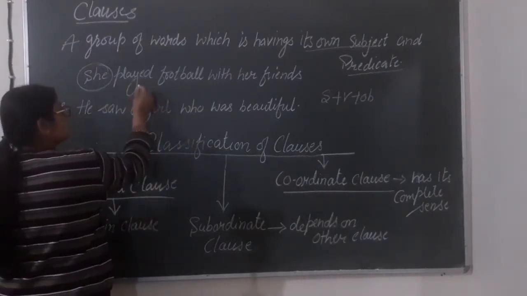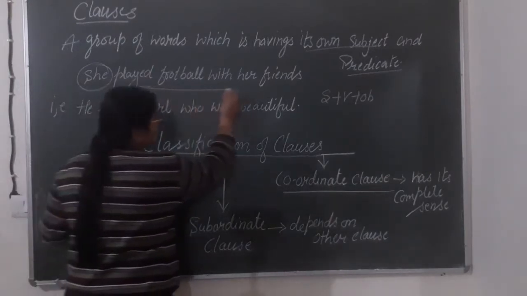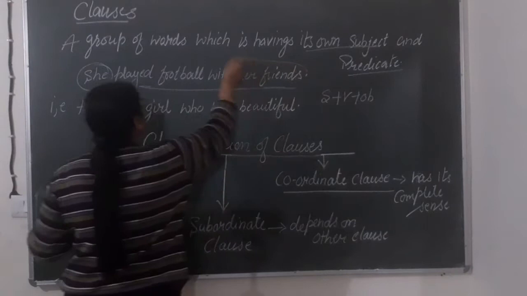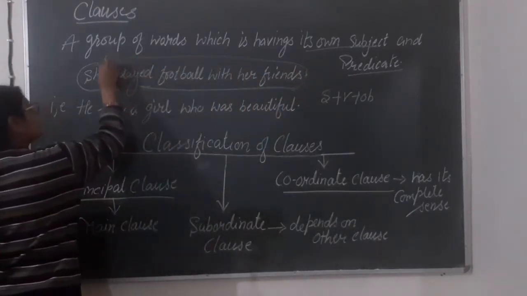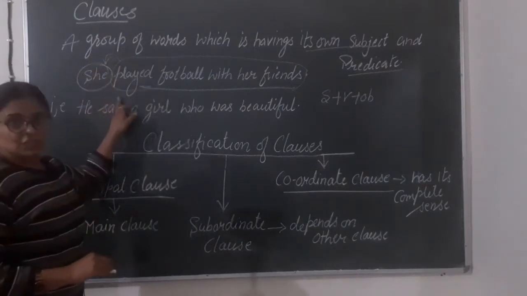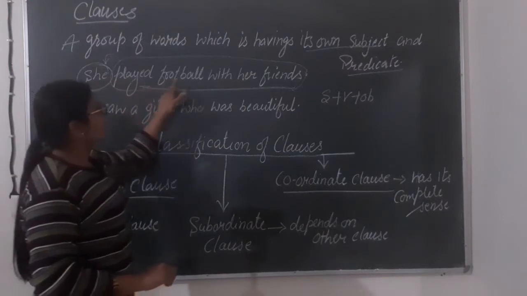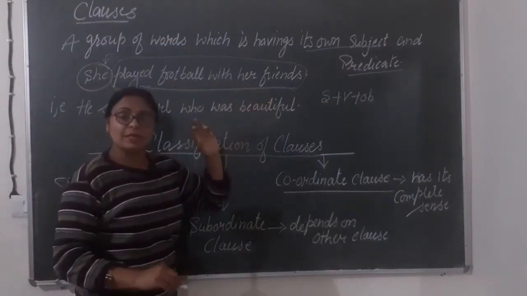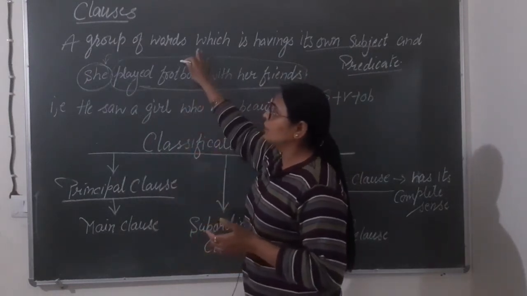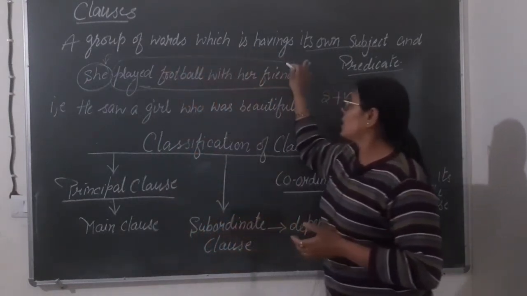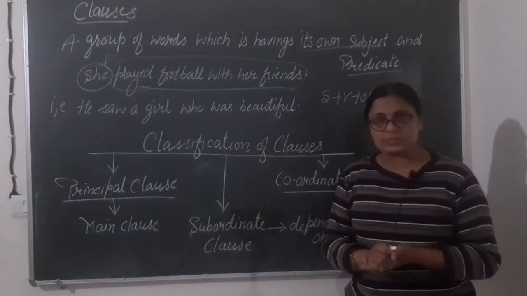In this sentence played is the verb. So we will underline it, because this part of the sentence is giving the information about our subject, that is she. So in this sentence she is our subject and played football with her friends is its predicate. That's why it is said in the definition: a group of words which has its own subject and predicate is known as a clause.